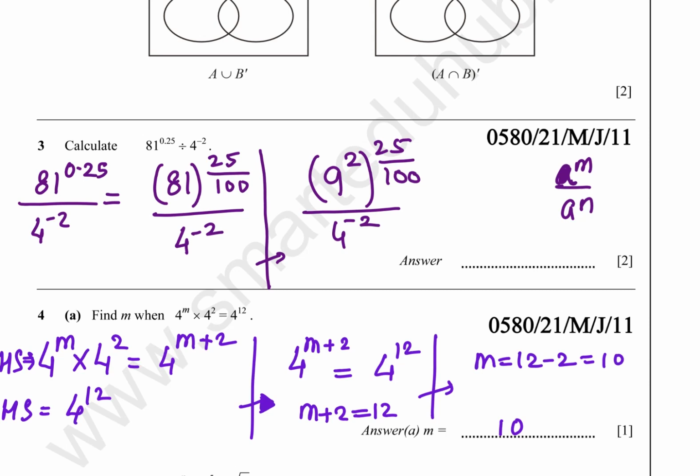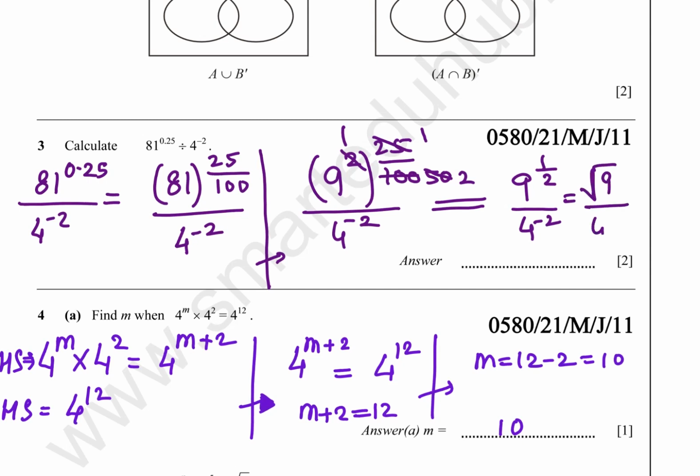Okay, so now 2 ones are 2, 2 into 50 is 100, 25 ones are 25, 25 twos are 50. So that means I can rewrite this as 9 raised to half divided by 4 raised to minus 2. That means square root of 9 divided by 4 raised to minus 2. And square root of 9 is 3. 3 divided by 4 raised to minus 2.